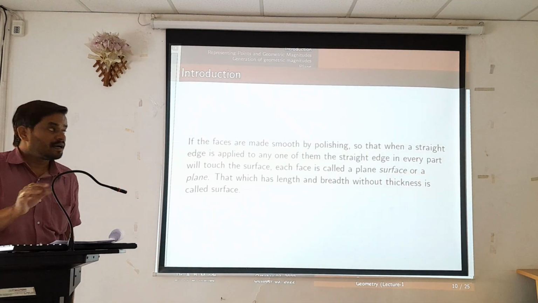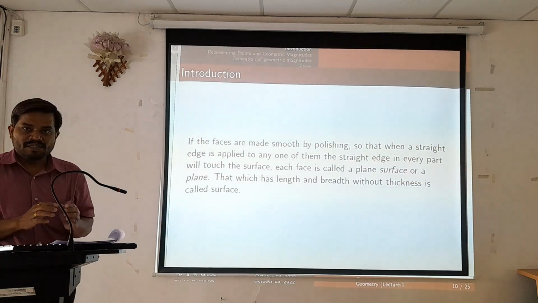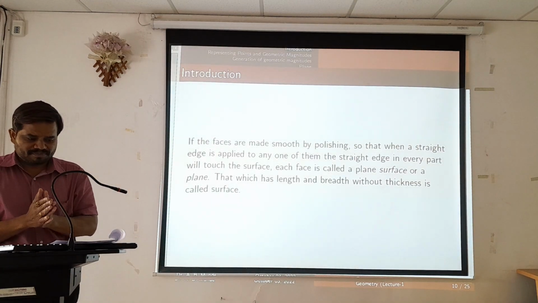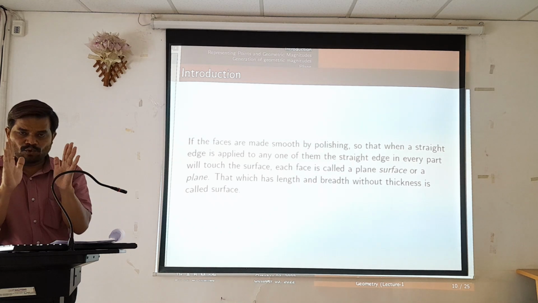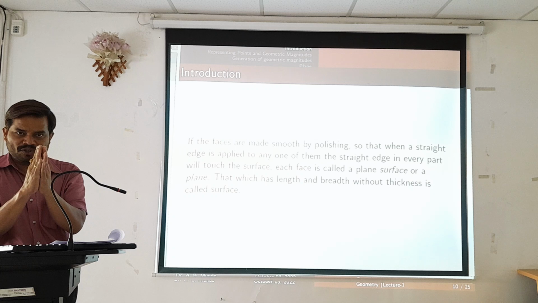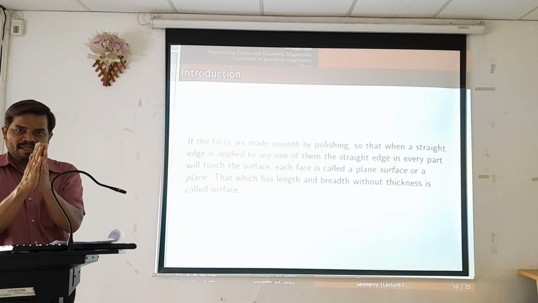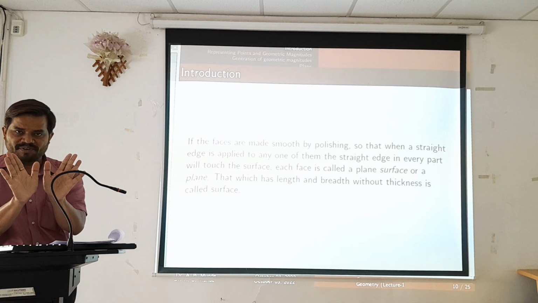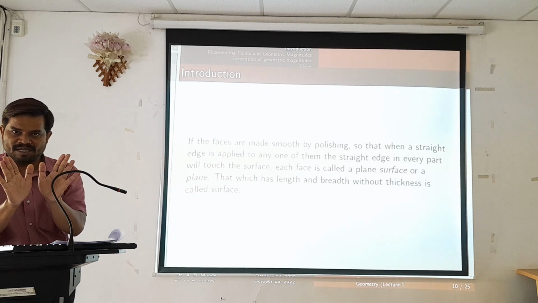Surface. For example, if two palms coincide with each other, and every point of these two palms coincides, then we say that these are smooth surfaces or plane surfaces.